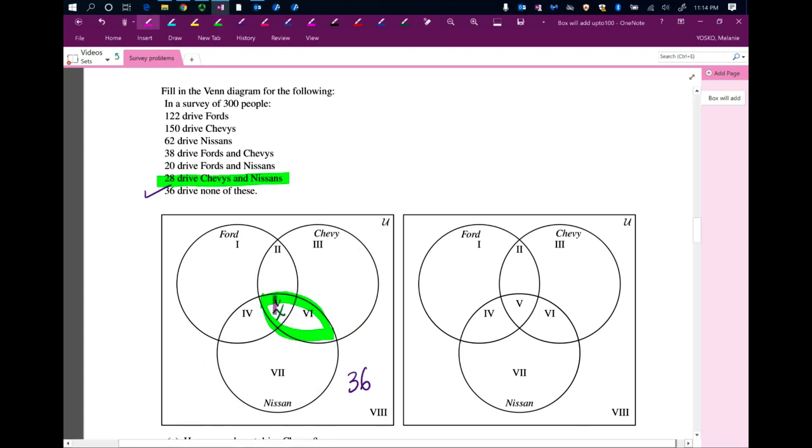These two regions right here must add up to 28. Well, it'd be really easy if I knew what this value was. For example, if this was 8, then this region would have to have 20 in it, because you would subtract. And if this was 1, this would have to have 27, because the whole thing must sum up to 28.